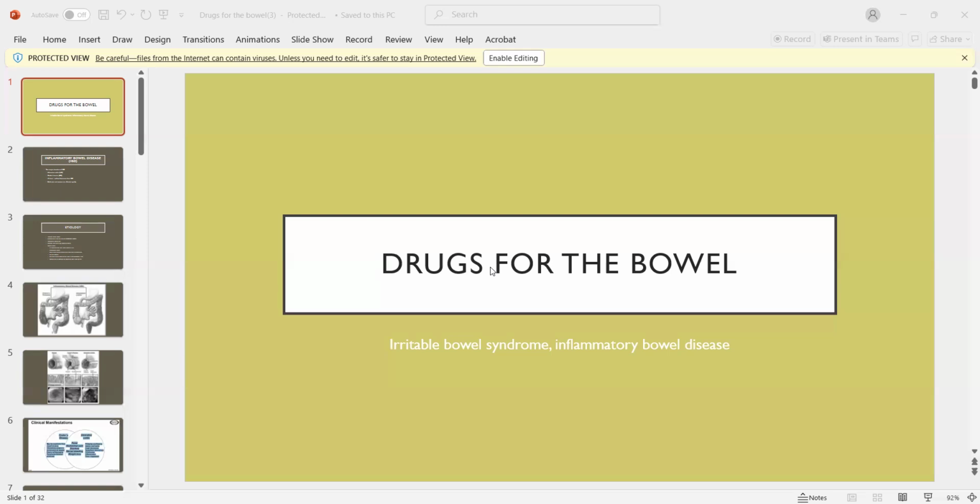Now, these particular neurons in this brainstem set of neurons use certain neurotransmitters. They use dopamine and they use serotonin. So by blocking the effects of dopamine and serotonin, you can actually calm someone's stomach down.